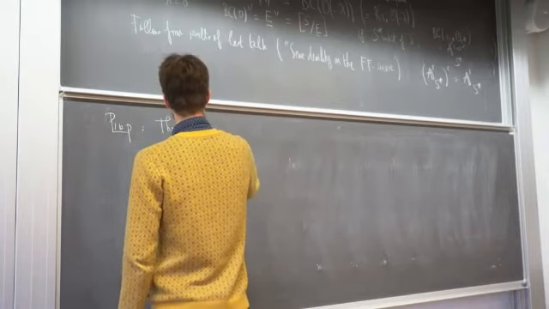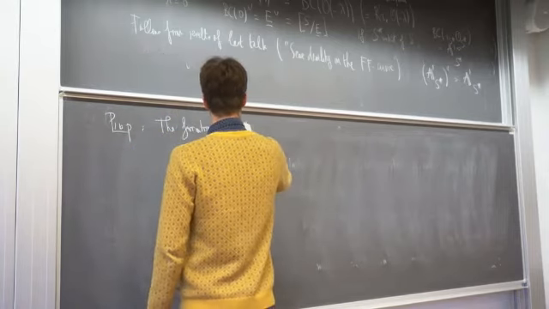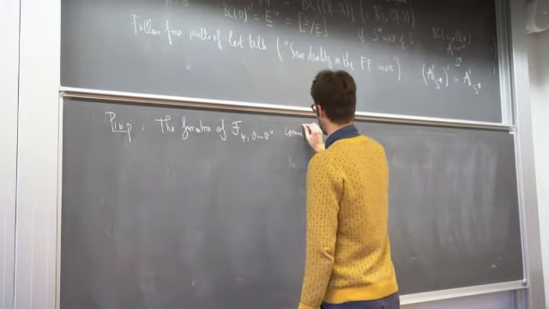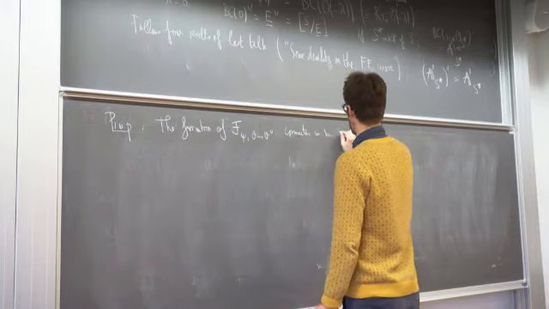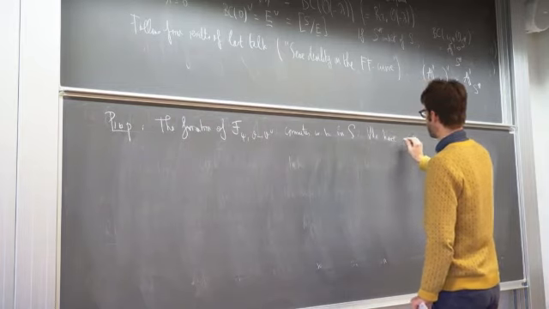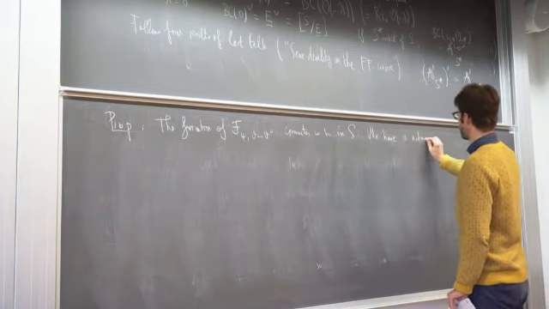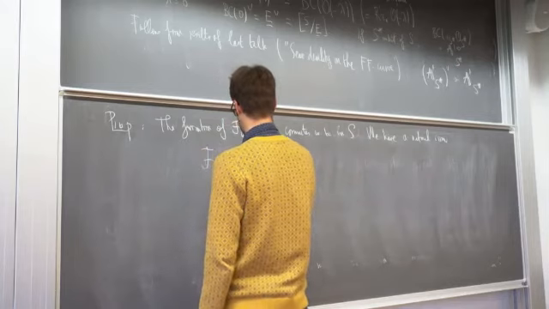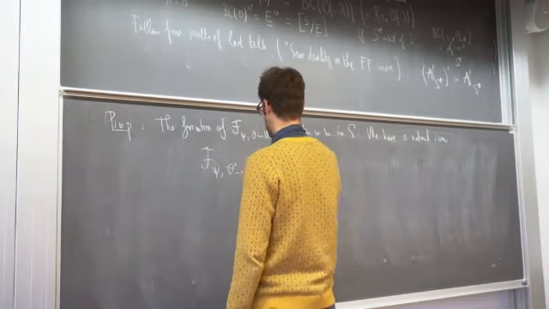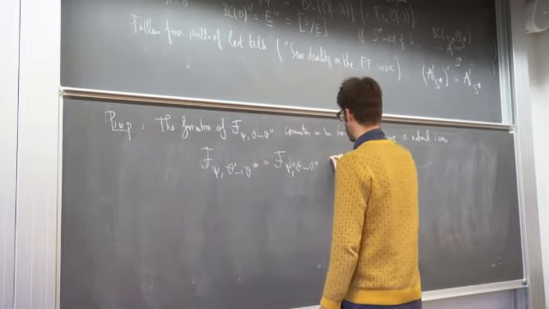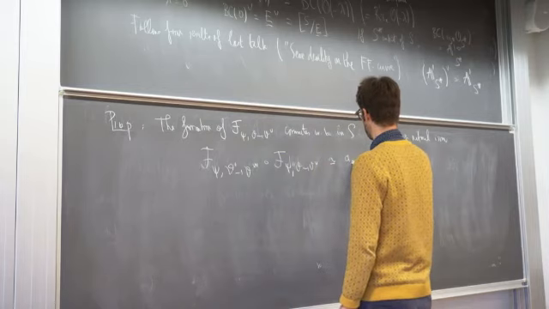Formation of F_psi commutes with base change in S. It's also anti-involutive, so we have a natural isomorphism between F_psi for V dual going to V double dual, composed with F_psi for V. Same as before.